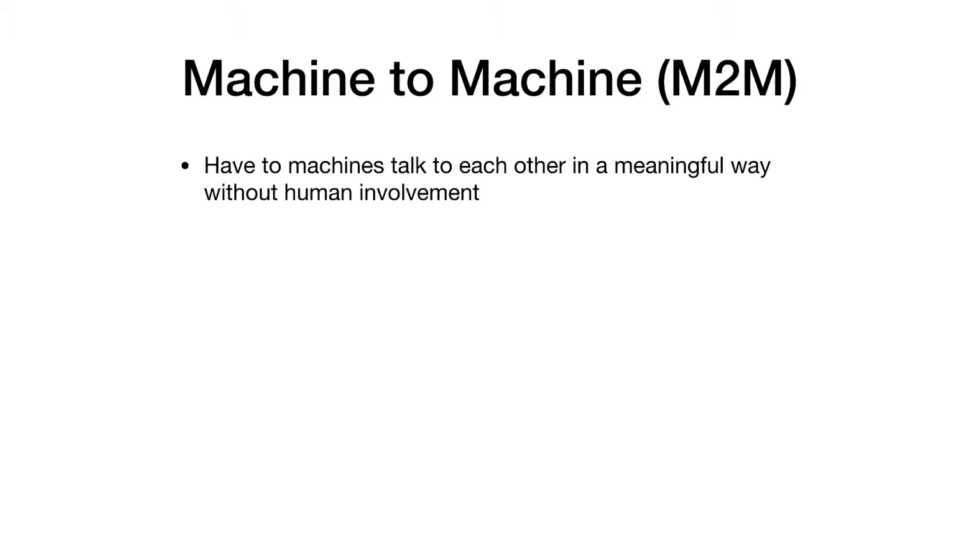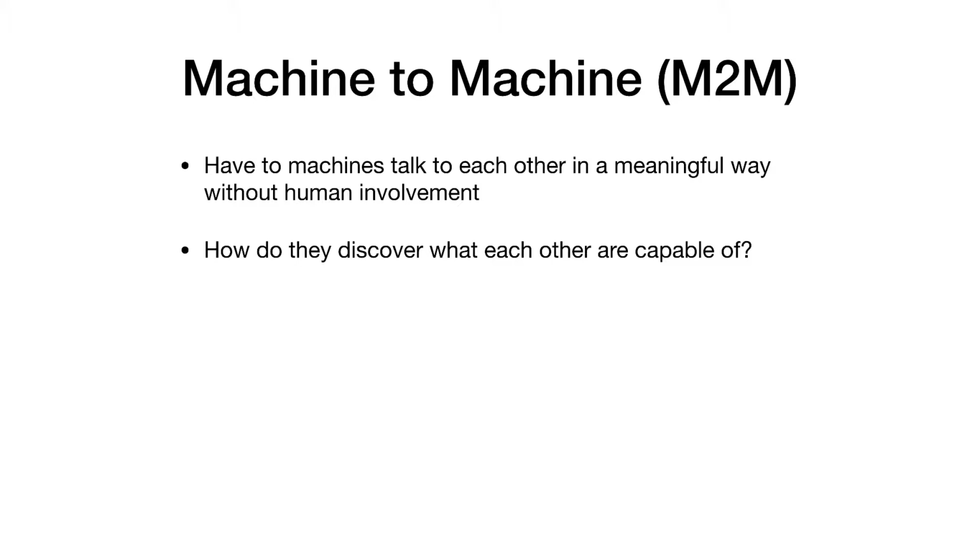And meaningful is the key word here. We can have machines talk to each other, they do that all the time, but how to make it meaningful and discoverable and take advantage of each other's capabilities without having a human have to manually program it to take advantage of that capability.